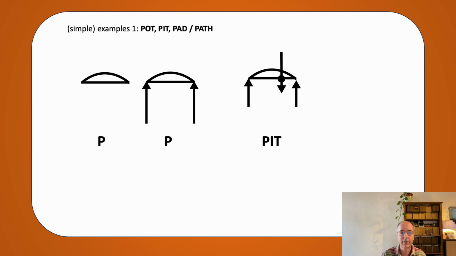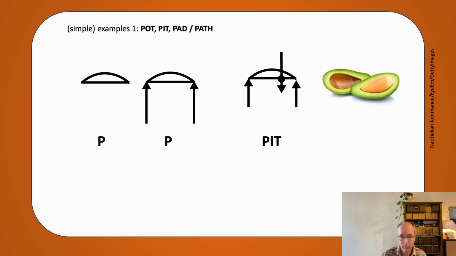Here we have the pit. Is that enough? That's enough. We can recognize where lies the pit. It's somewhere inside where something is pressed out, something is pressed in, it's in there. There's the pit. Nothing more difficult than that.